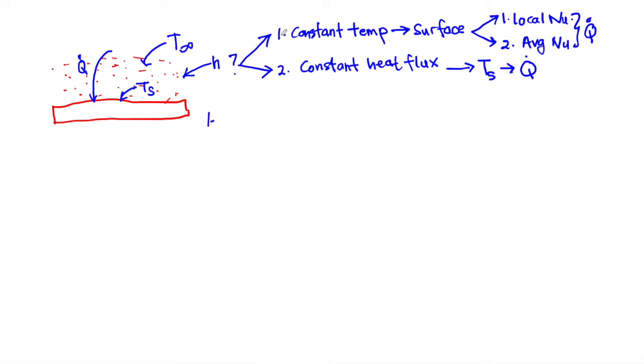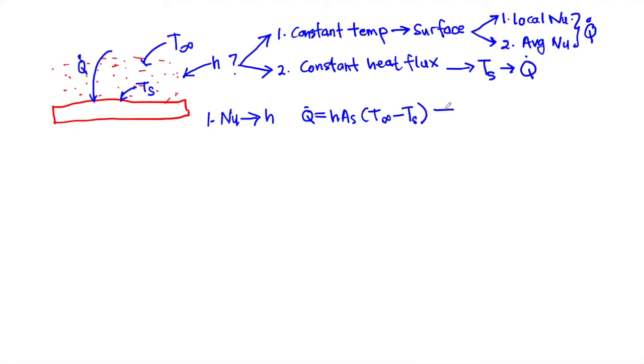What is important for you to understand between these two conditions is that when you're dealing with constant temperature, you want to find the local Nusselt number and average Nusselt number. Why is the Nusselt number important? Because from the Nusselt number, we can find H. H is required for you to plug into the equation Q dot equals H A times T infinity minus T surface.